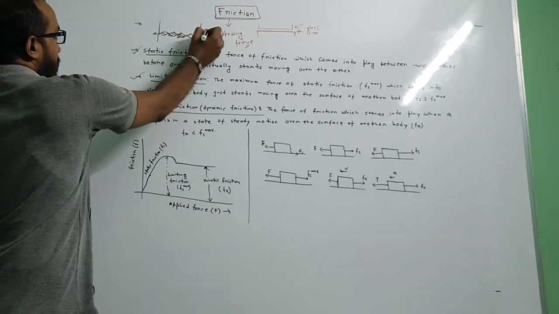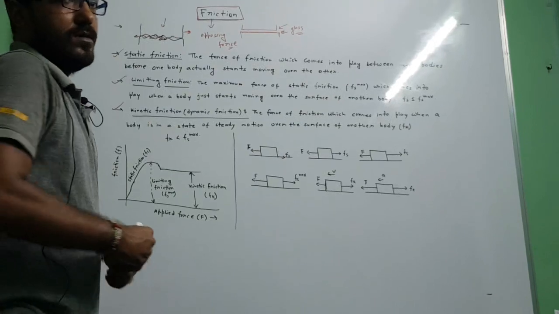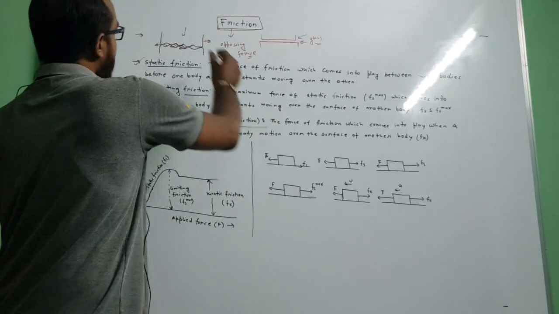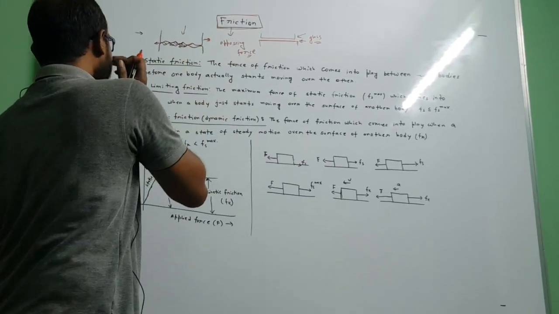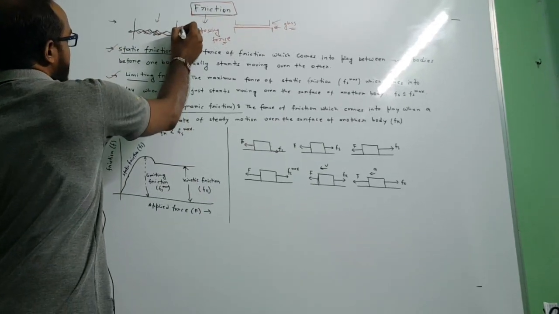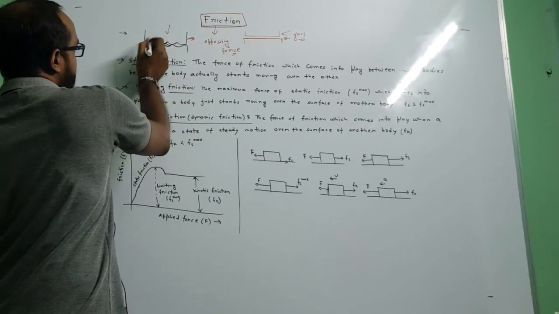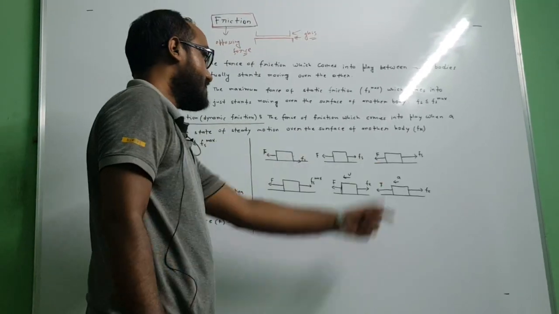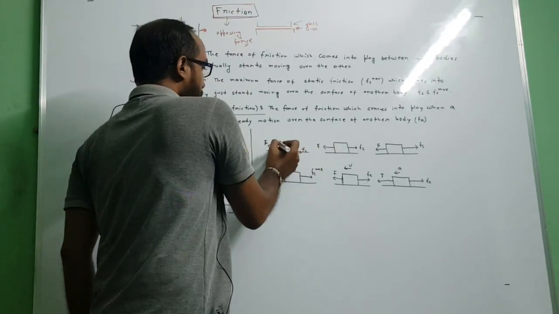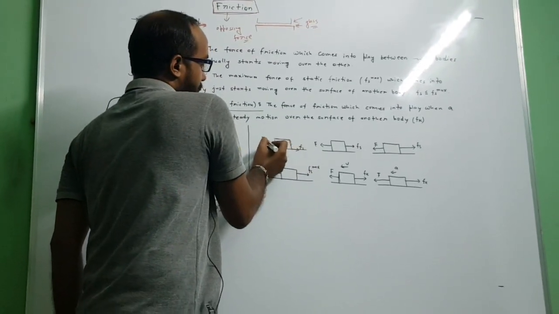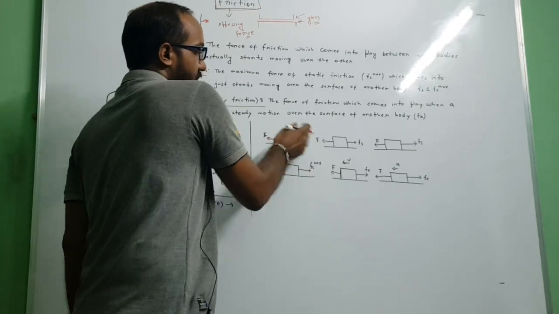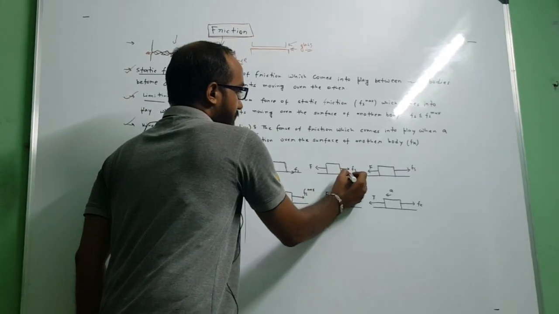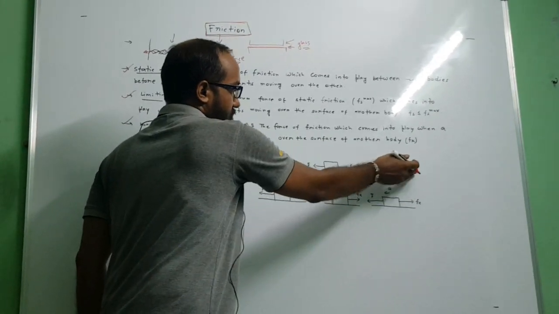In this diagram, our body is moving right hand side, so our friction is in the left hand side. Similarly in this scenario, we have applied a force in the left hand side, so our friction would be in the right hand side.